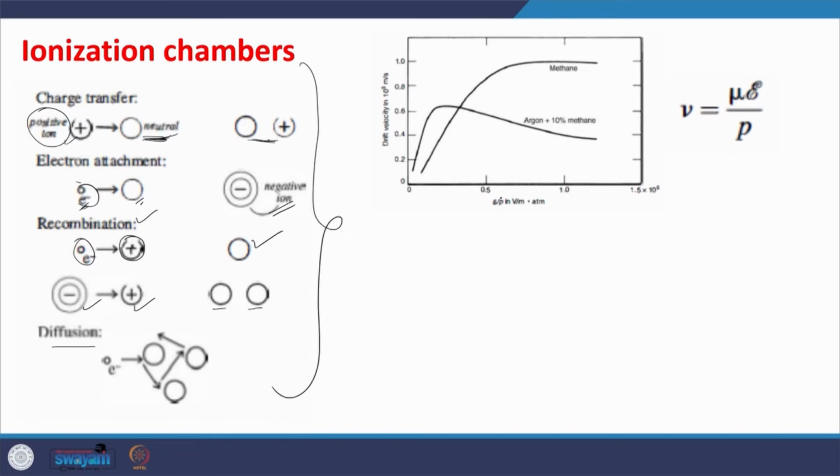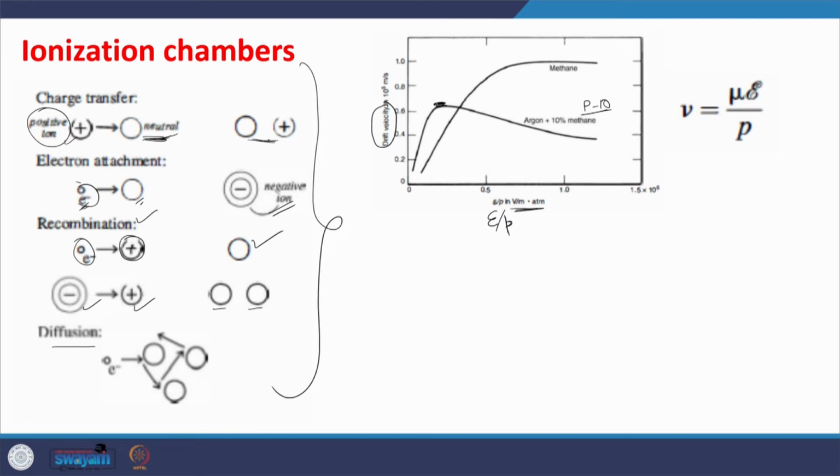Okay. So, the criterion is the following: electric field divided by pressure, in volt per meter atmosphere. Maybe this is not visible, so I am writing it clearly for you: electric field divided by pressure on the x axis, drift velocity in 10 to the power of 5 meters per second. Normally the gas used is P10, which is 90% argon, 10% methane, and normally this is chosen.